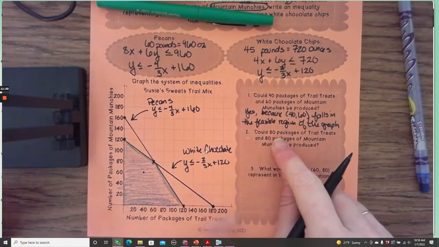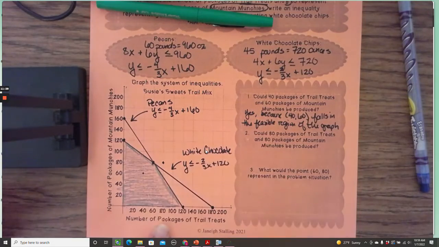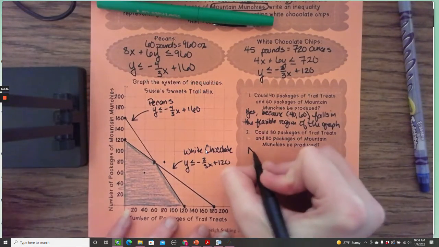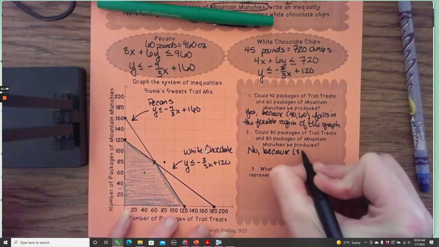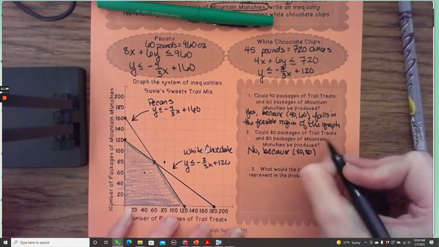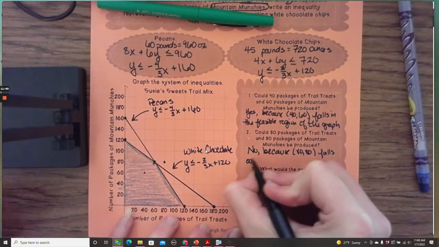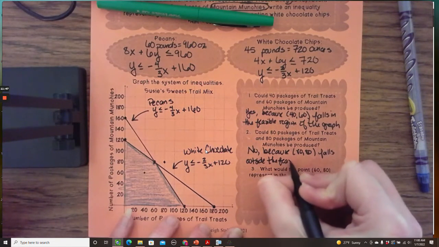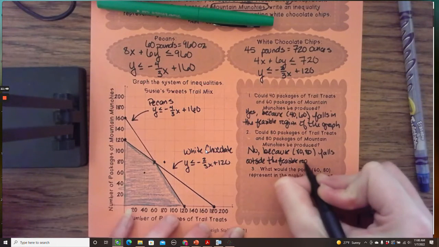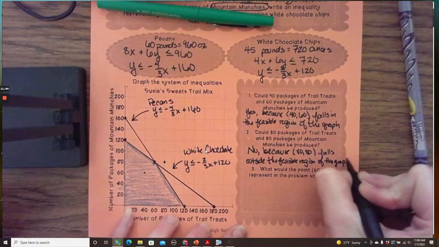So now, could 80 packages of trail treats, so trail treats is X, and 80 packages of mountain munchies be produced? So that one is a no. Because 80 comma 80 falls outside the feasible region of the graph.